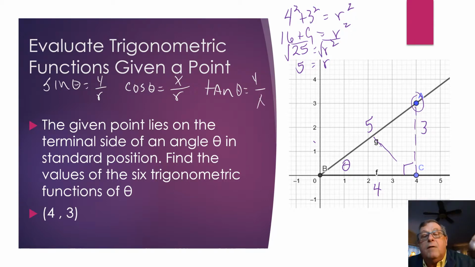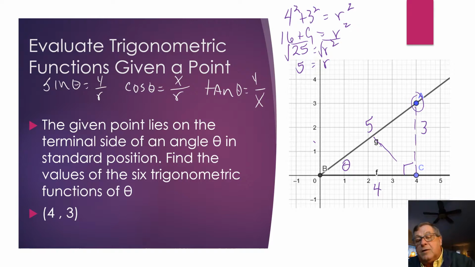And so we can modify our SOHCAHTOA in this way: when we're on the coordinate plane, in standard position, with an initial side along the x-axis and a terminal side, we can define the sine as y over r, y over the radius, which we have found to be 5, and the cosine is the value of the x-coordinate over r.